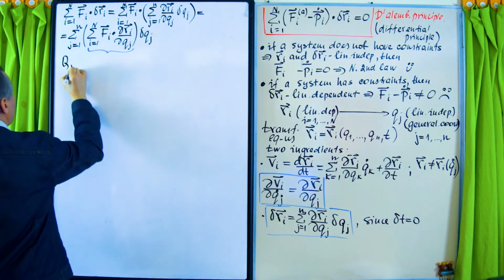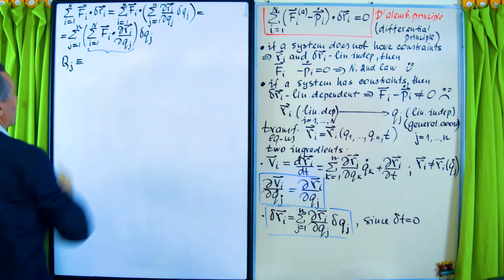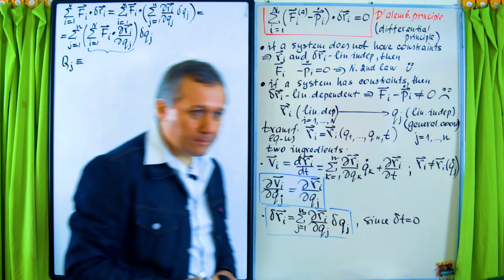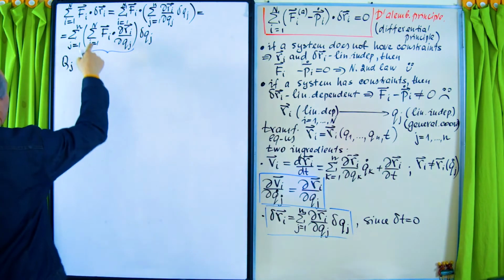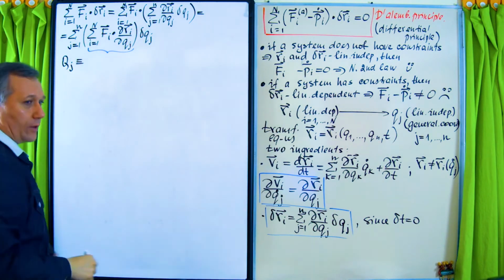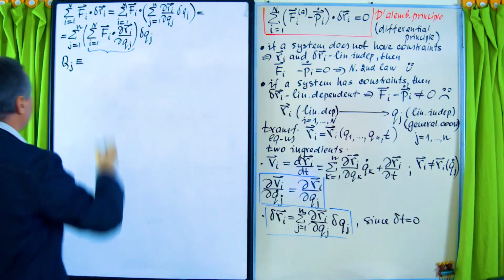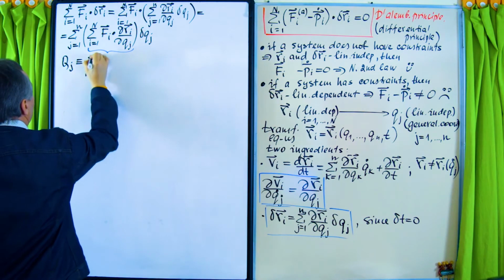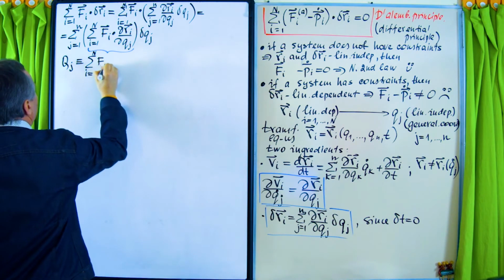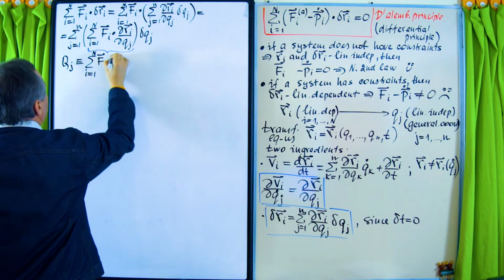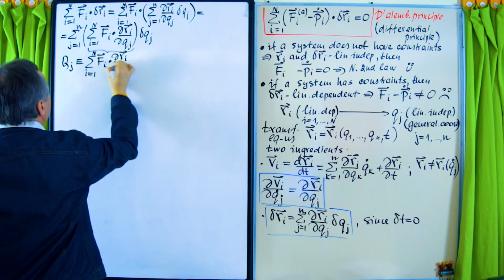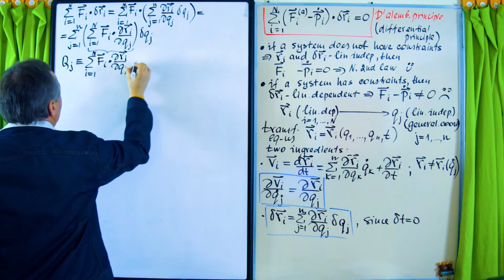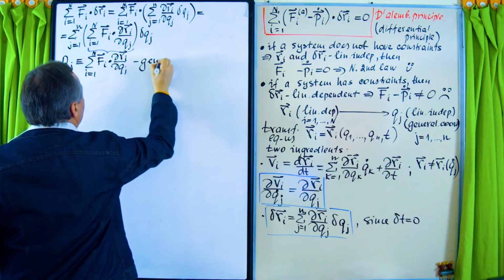So it's a Qj. Okay, I will put three lines, by definition. And this is summation over the whole system, over all n particles. All right, so summation over i from 1 to n, Fi dotted with that partial derivative. And we call it generalized force.